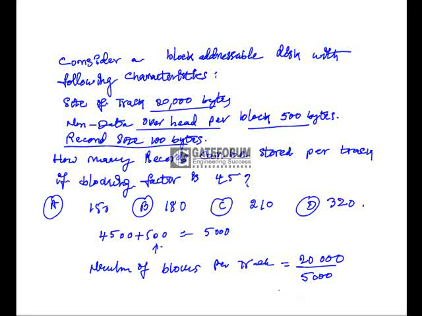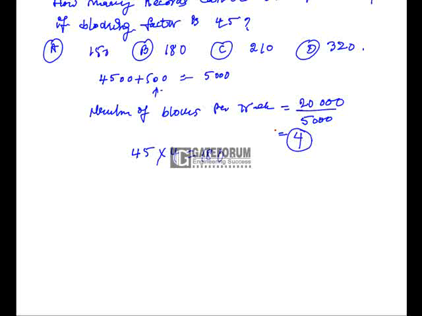So this is equal to 4. So records per track is blocking factor 45 into 4, it is 180. So 180 is the number of records we can store in a track.